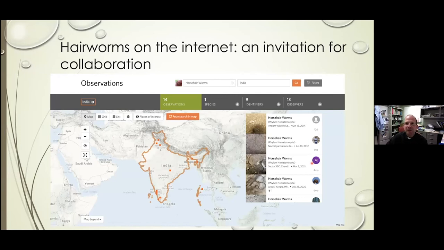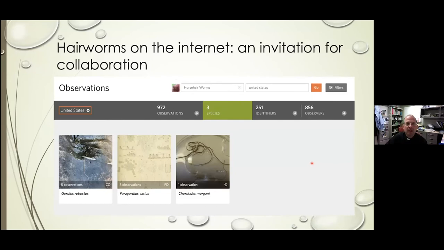I was also curious what was going on in India. Only 14 observations. So if you're out there in India and you come across something that looks like a horsehair worm, upload it to iNaturalist and you can get involved as a citizen scientist and upload your observations there.